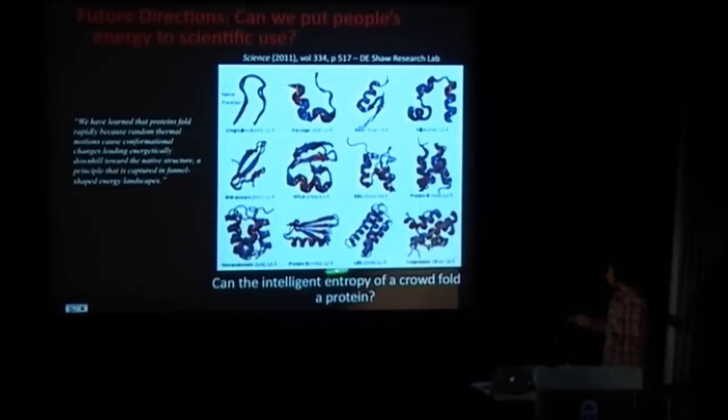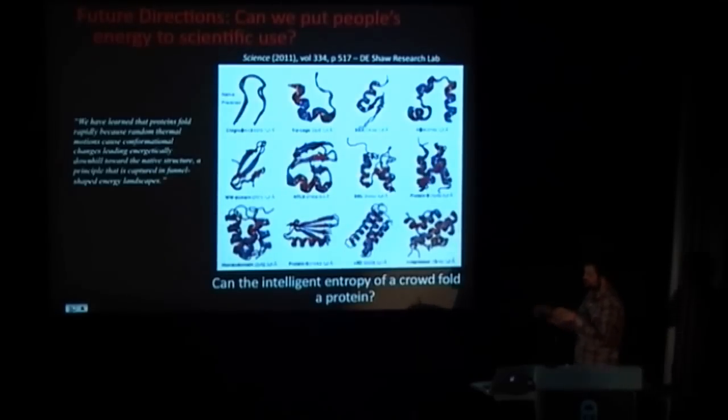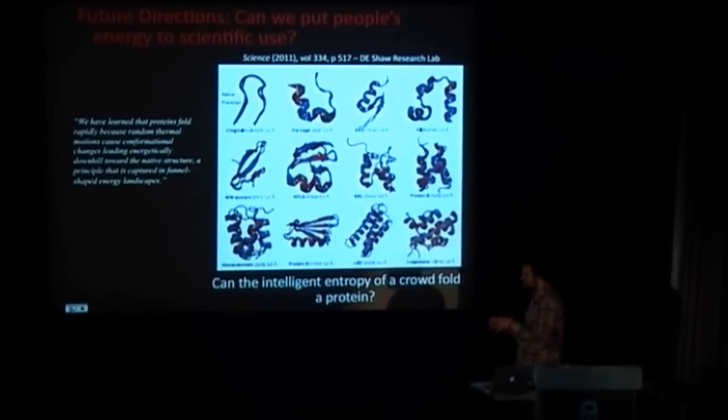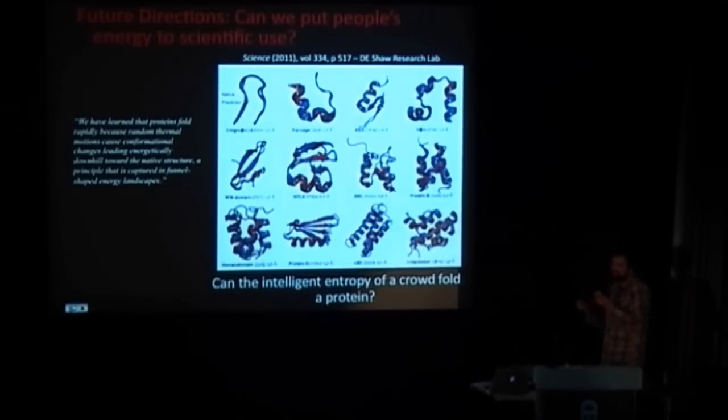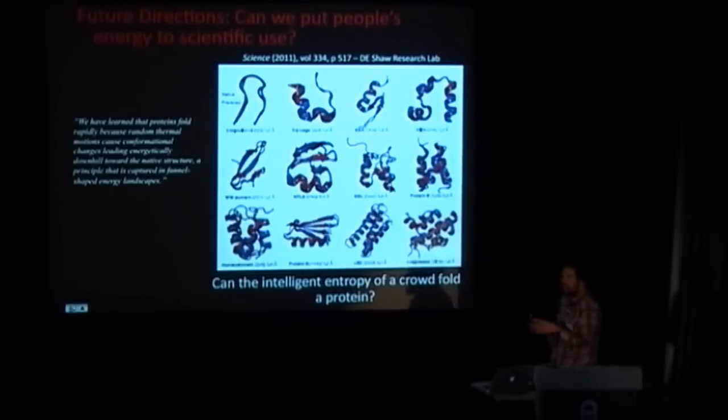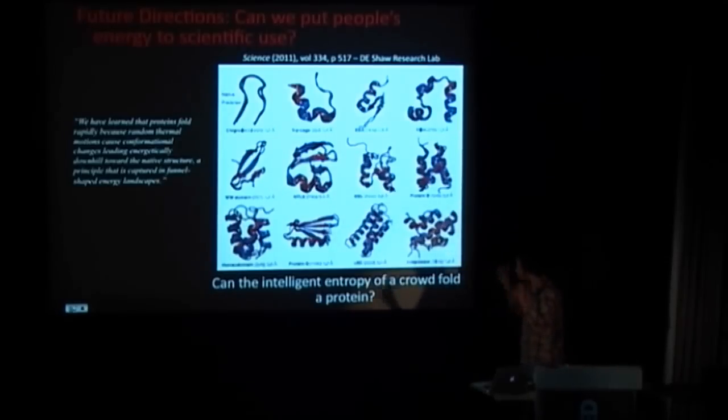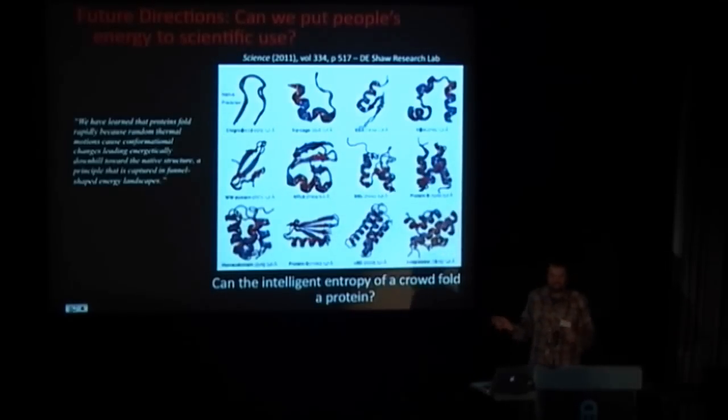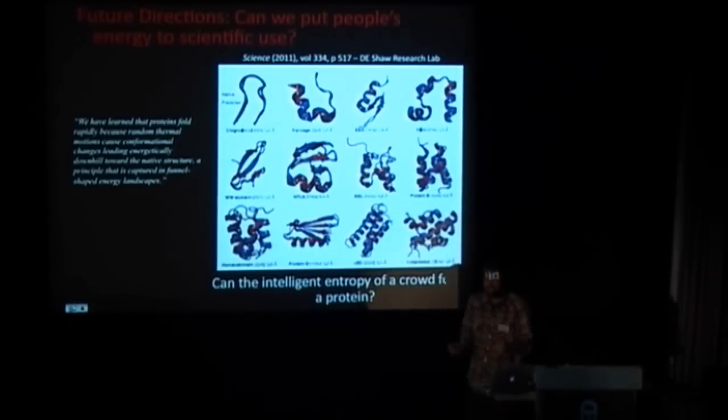And what I'm wondering is, as I've watched crowds interacting with the system we've built, if we simulated real proteins, I think that the intelligent entropy of a crowd might actually be able to explore the parameter space of some of these proteins in really interesting nonlinear ways. I want to test if a crowd, what I'm calling the intelligent entropy of a crowd, could actually manage to fold some of these small proteins. And I think we actually have a system where we can start to test that. And that would be super fun.